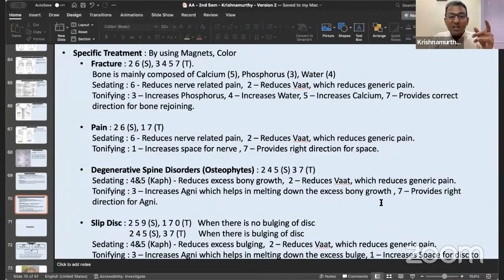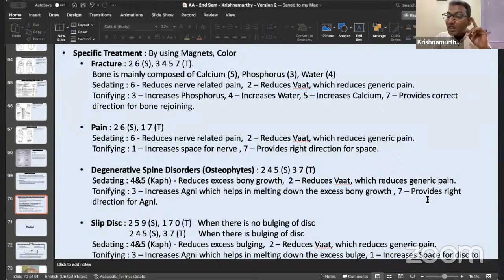And in what direction should that Agni reduce the bone? It cannot be done haphazardly. It should be done in the right direction. It should not be that the bone melts and goes further, sticks into each other. No, it should melt and go apart.